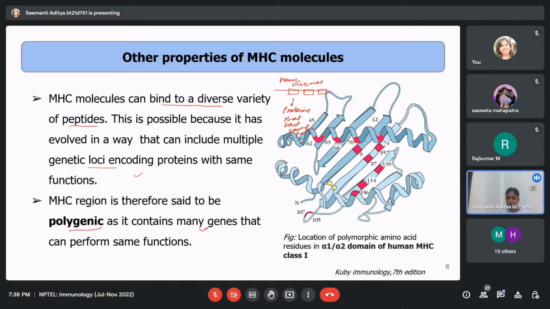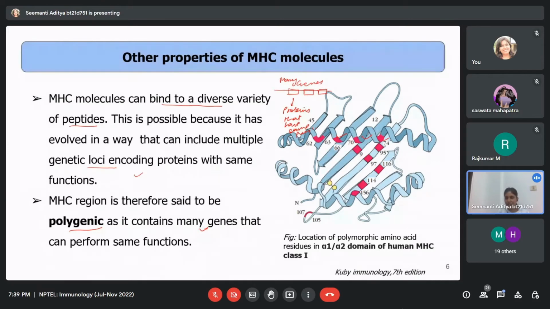As I was talking about the polymorphism in case of MHC molecules, polymorphism means different kinds of amino acid residues which are present in the peptide binding cleft. This figure basically represents all the red colored patches in your alpha helix structure, and the beta sheet structure here denotes the amino acid numbers of those amino acids which are polymorphic, or can show different sequences in different genes.